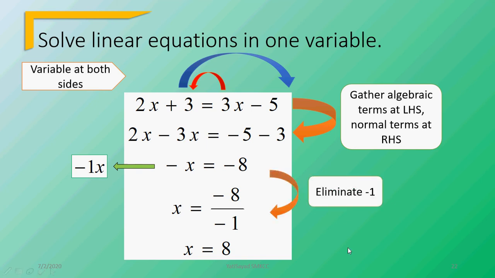Negative 8 divided by negative 1 is equal to positive 8. The other option for you is that whenever you see an expression like this, negative x equals negative 8, simply eliminate the negative sign.